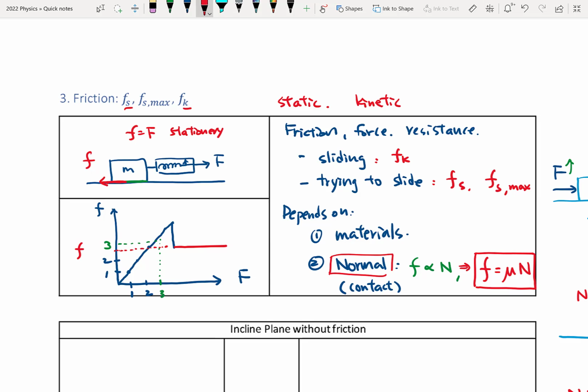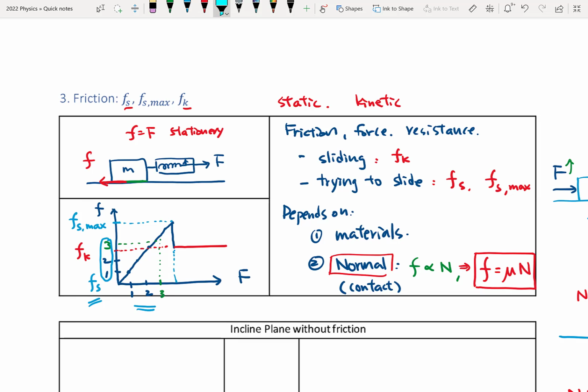This is your kinetic friction, the force you are applying here, and this number before the drop is your maximum static friction. Under the maximum, like 1, 2, 3, they are all static friction. In other words, static friction depends on how much force you apply.